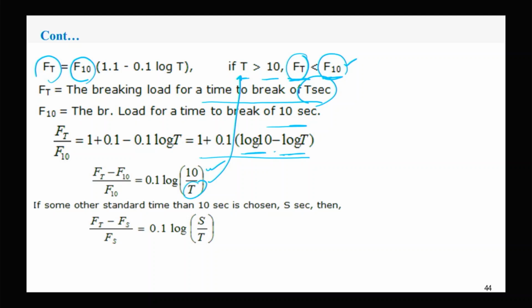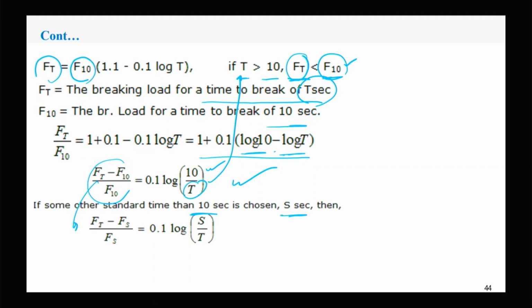Now, if we generalize this equation (Ft minus F10) by F10 further, instead of 10 seconds, we can consider any other reference time S seconds. Then the general relationship will be (Ft minus Fs) by Fs equals 0.1 log (S by T).